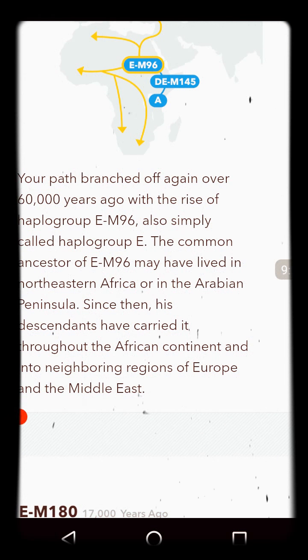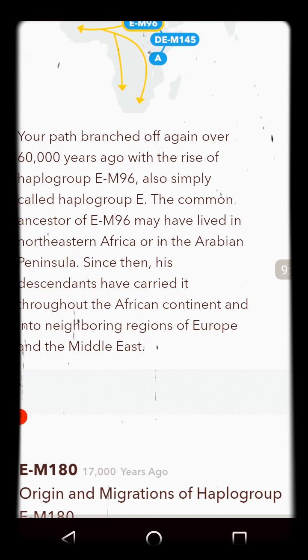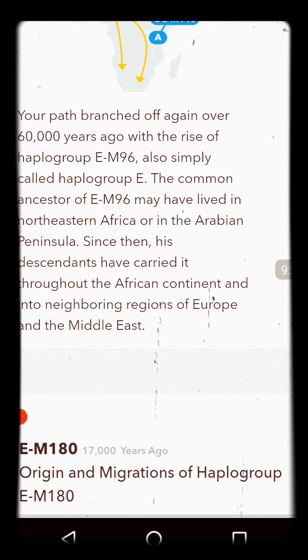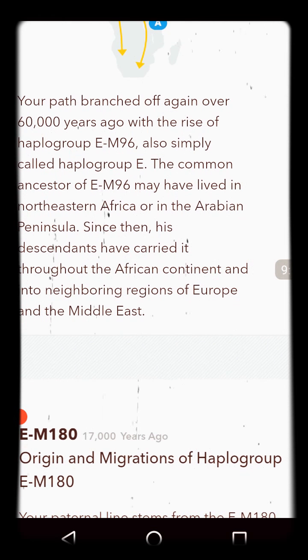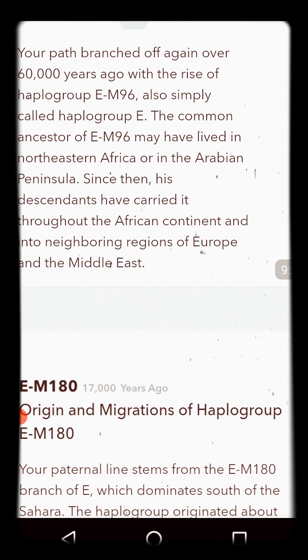All going closer and closer to a recent common ancestor. So now we're just called haplogroup E, and the common ancestor of E-M96 may have lived in northeastern Africa or in the Arabian Peninsula.